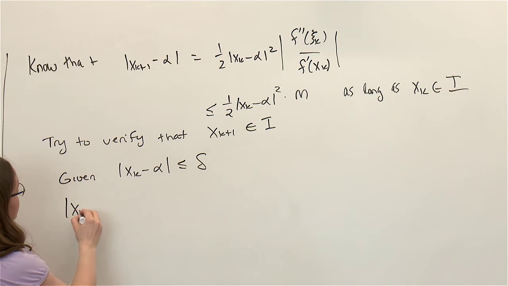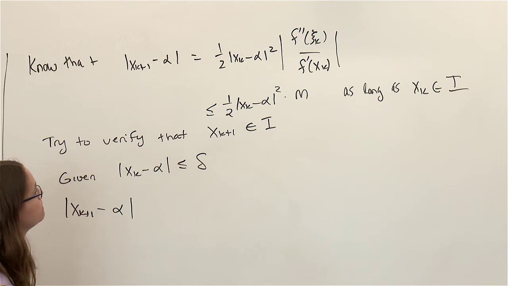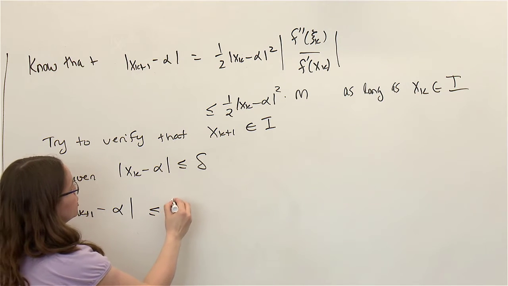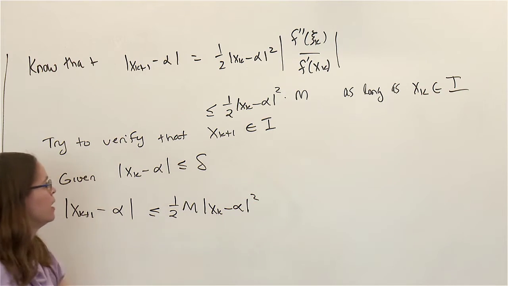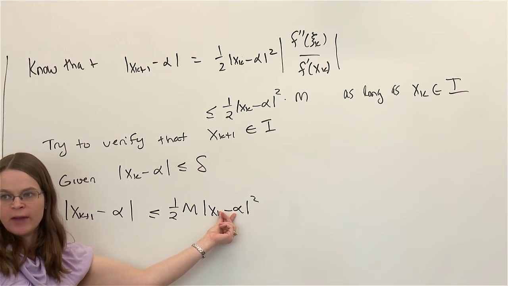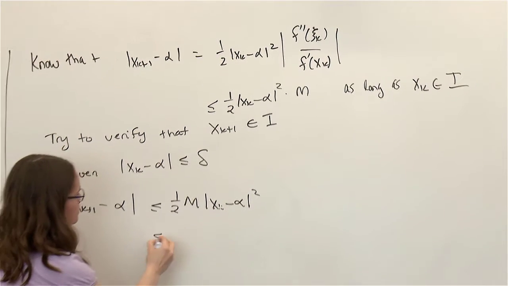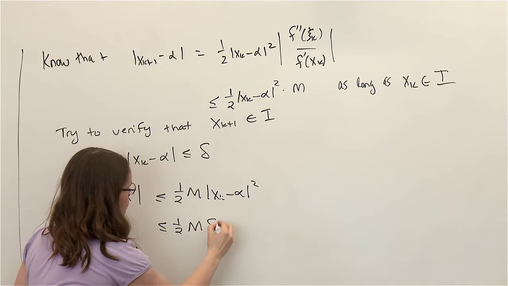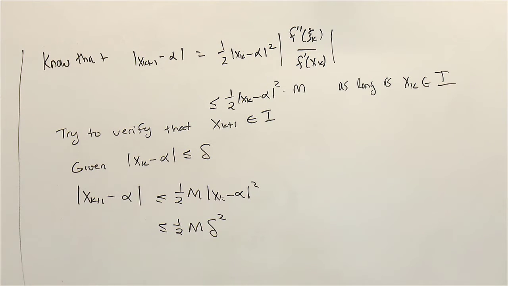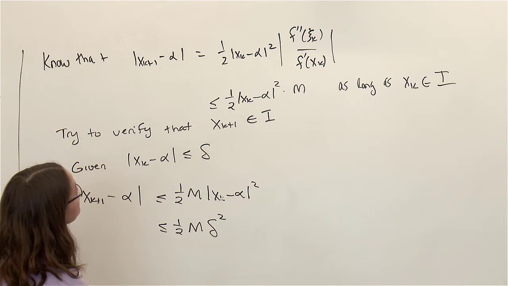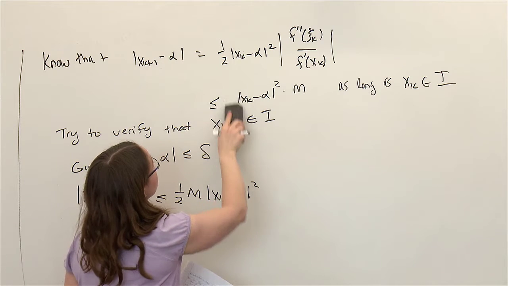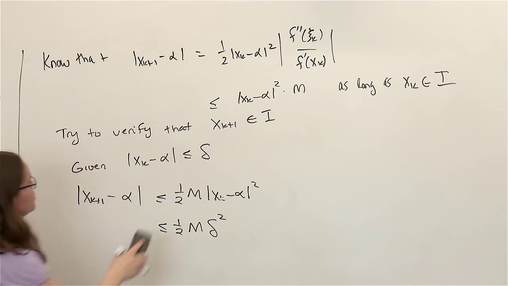So what do we know? Xk plus 1 minus alpha, we said, is less than or equal to 1/2 m xk minus alpha squared. And this, we said, is bounded by delta. Let me actually, sorry, absorb this half into the m, just to make things a little bit cleaner.